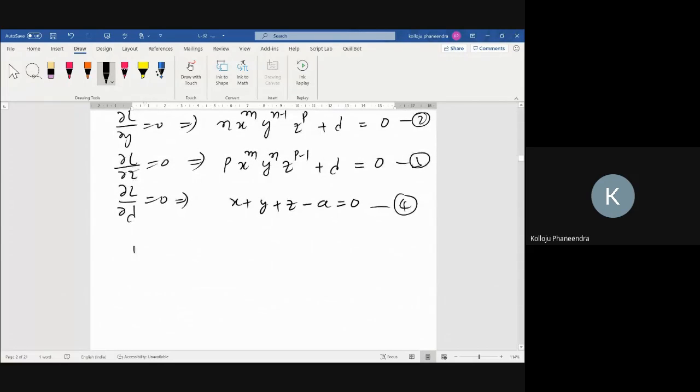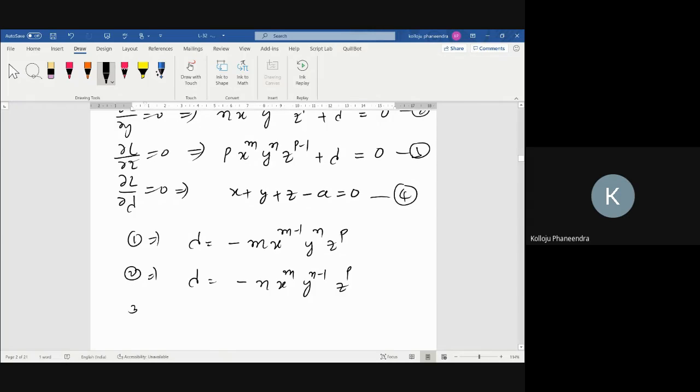From 1, what is lambda equal to? Minus m x^(m-1) y^n z^p. From 2, lambda equal to minus n x^m y^(n-1) z^p. And from 3, lambda equal to minus p x^m y^n z^(p-1), right?